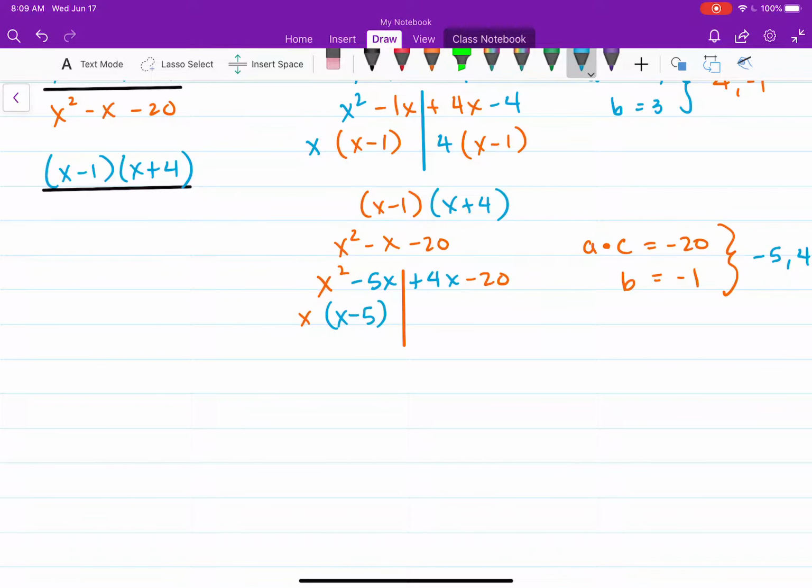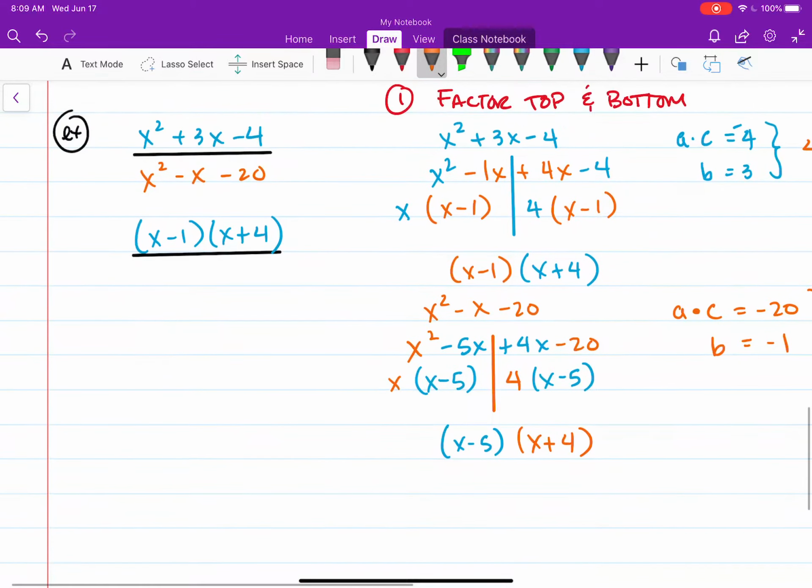GCF of the second group is 4. Leave me with an x minus 5. So it's going to be x minus 5 and an x plus 4. So I come back up here. This is done. So this is going to be an x minus 5 and an x plus 4. Okay?